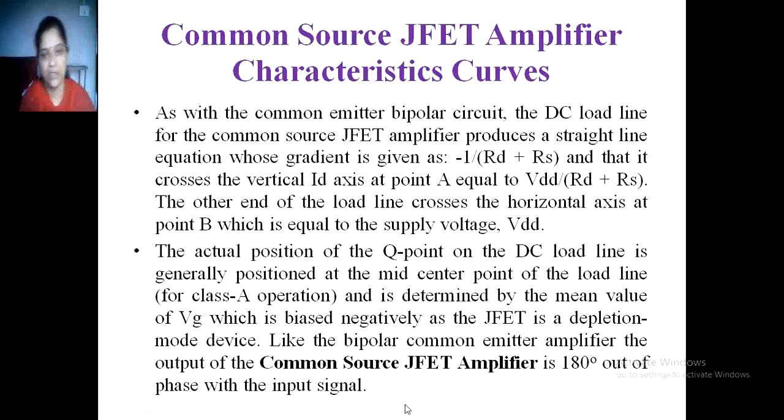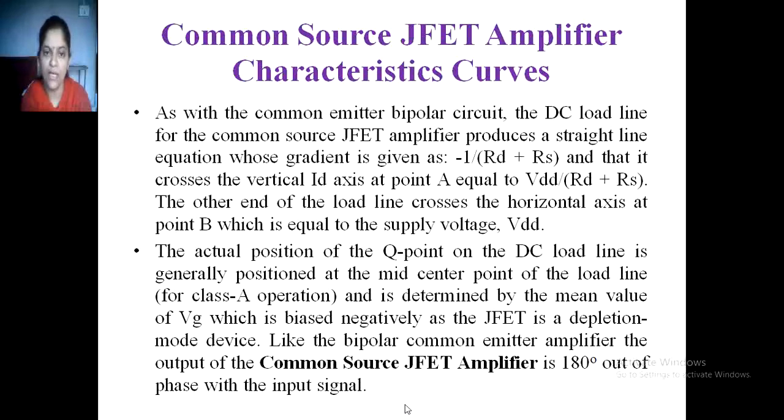As with the common emitter bipolar circuit, the DC load line for the common source JFET amplifier produces a straight line equation whose gradient is given as -1 divided by RD plus RS, and it crosses the vertical ID axis at point A equal to VDD divided by RD plus RS.